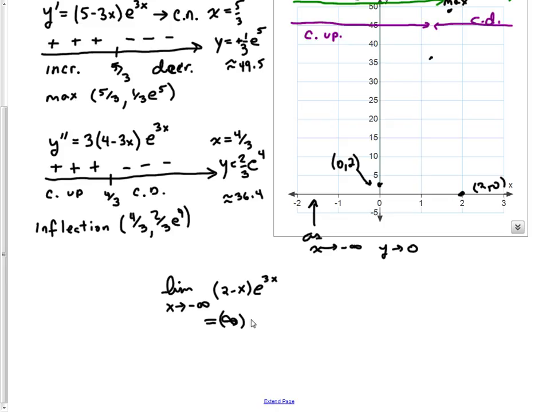On the other hand, e to the 3x is going to go towards 0 because e raised to a negative large power is going to be a number that's very close to 0. Overall, the effect is that it's going to approach 0. So this is now my limit.